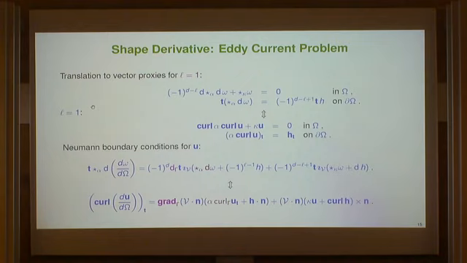And the shape derivative of a solution of such an eddy current problem is another solution of an eddy current problem where you have, say, magnetic boundary conditions of this kind. Well, it looks complicated, but with one formula in exterior calculus you can recover all of them.